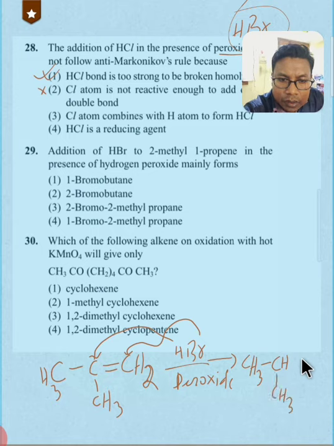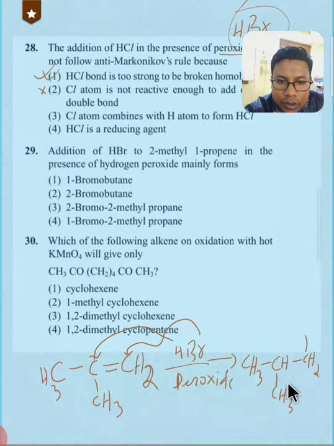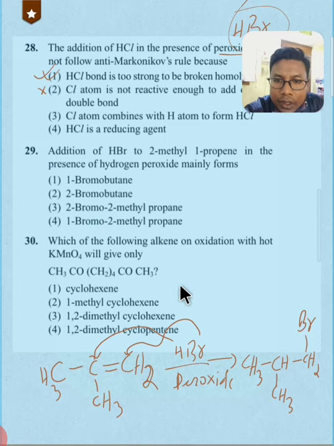No rearrangement is possible here. To this carbon atom, bromine will be attached. So this will be our major product. So we need to choose 1-bromo-2-methyl propane. So the fourth one is the answer.